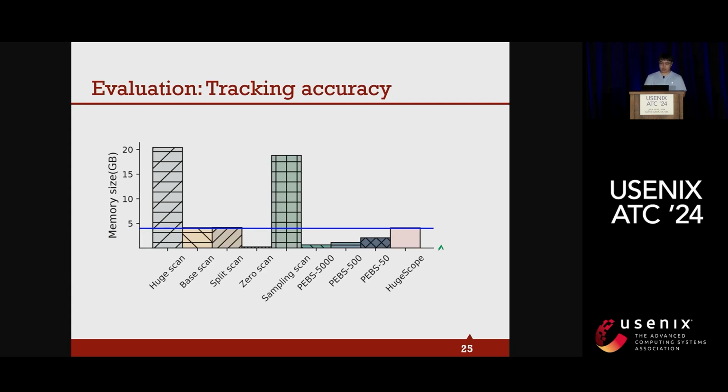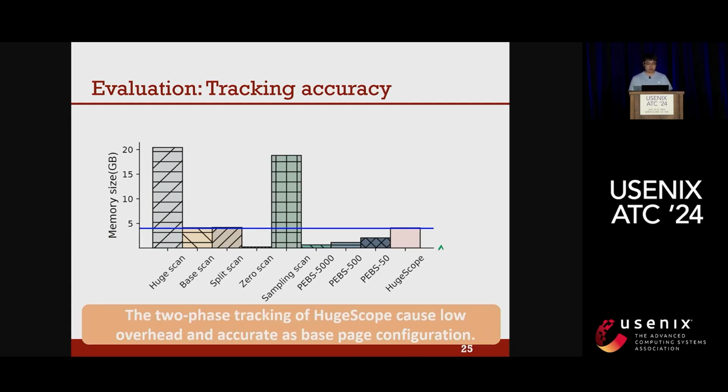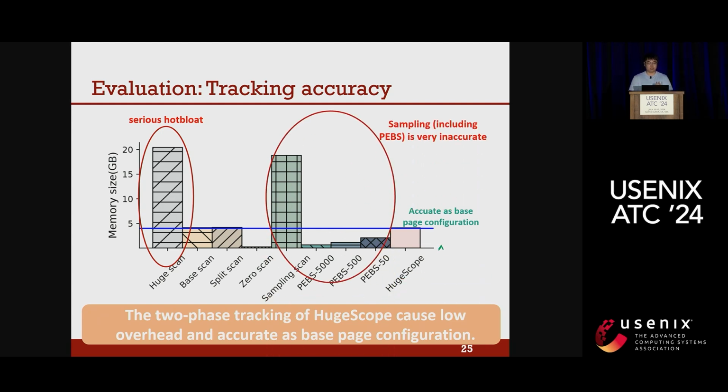For the tracking accuracy, we can find that HugeScope can track with split pages as accurately as the base page configuration, while monitoring under huge page configuration shows serious hot bloat. Sampling-based methods like sampling page splitting and PEBS are highly inaccurate. So the 2-phase tracking of HugeScope causes low overhead and is as accurate as base page configurations.